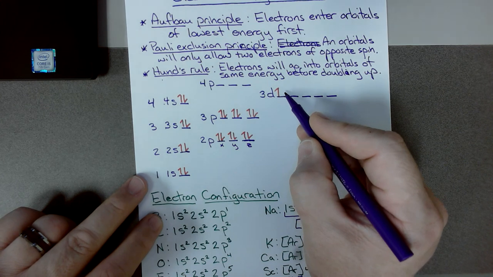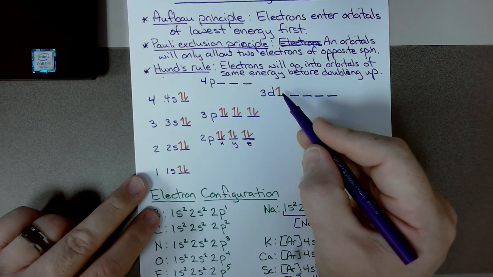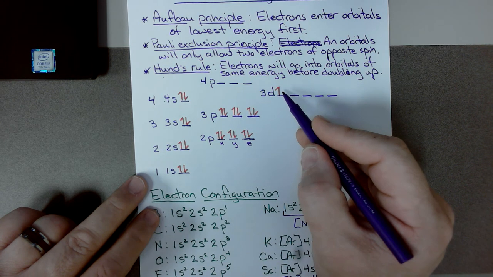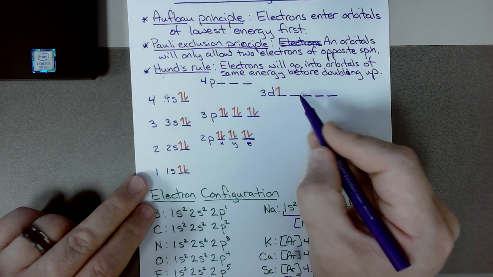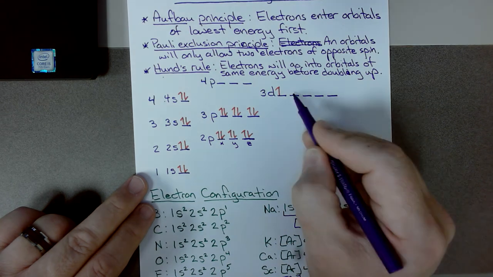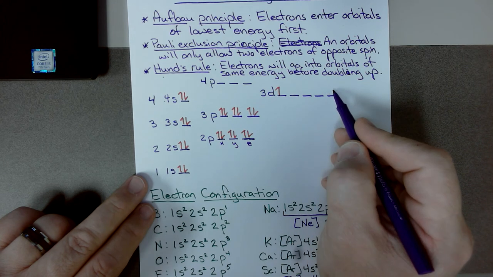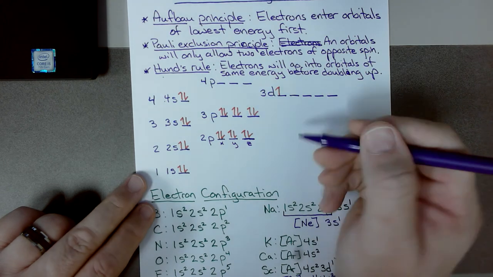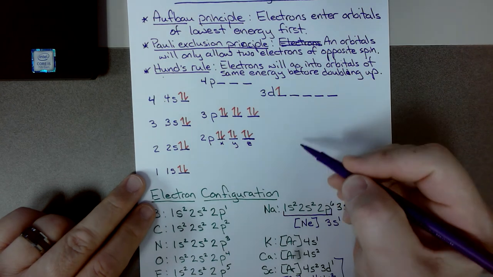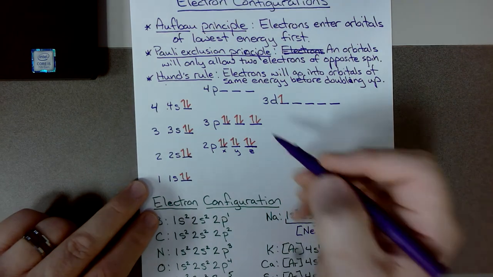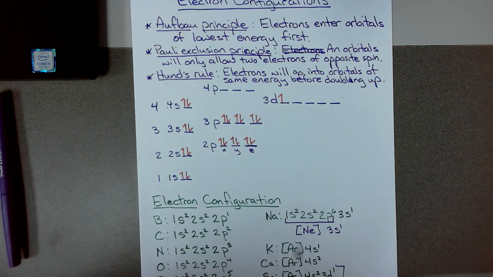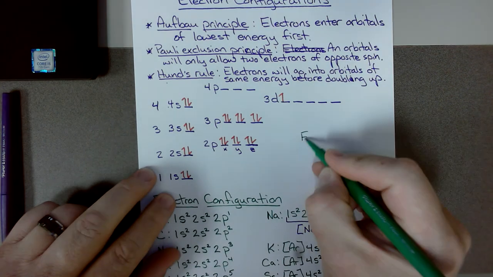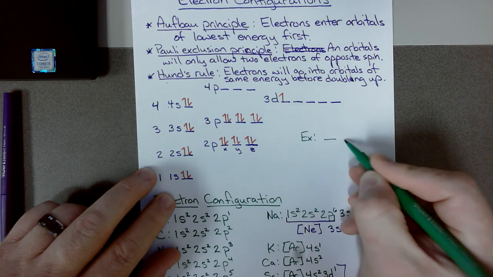Now that kind of makes sense, because remember, electrons are negative and they repel each other, so they really would rather not be in the same orbital. So if you have orbitals of the same energy, you put them in individual orbitals before you double up. It's kind of like if I had siblings. Let me give you an example for Hund's rule. I have 3 p orbitals.